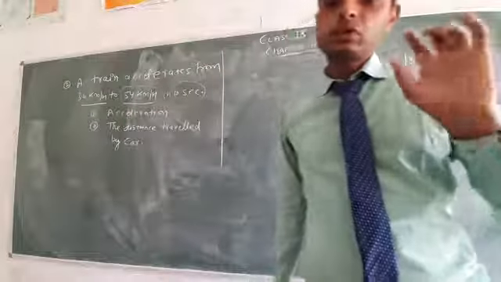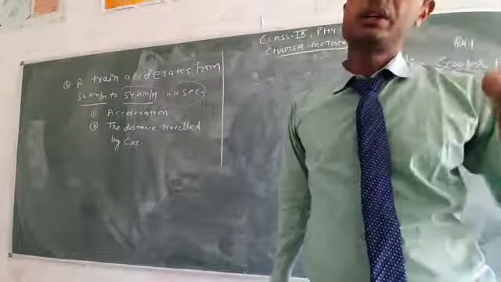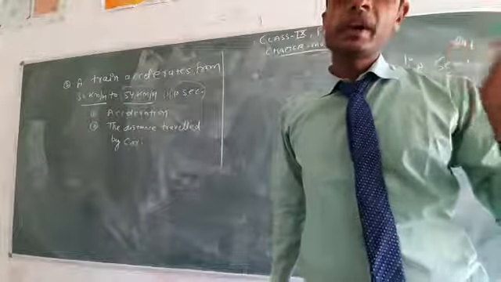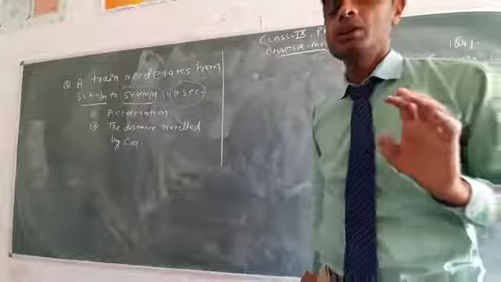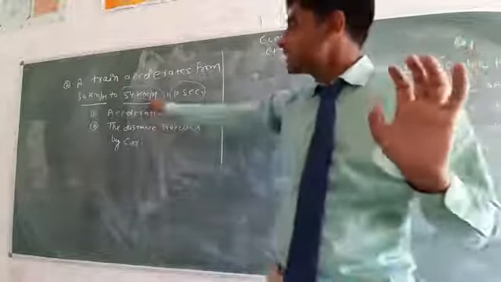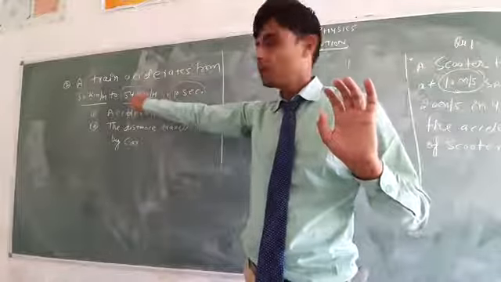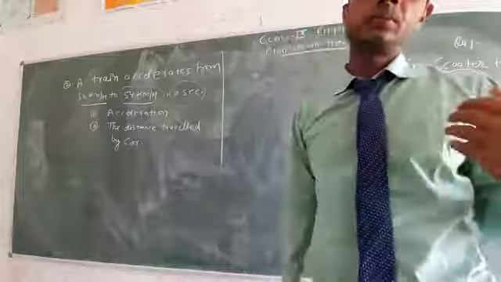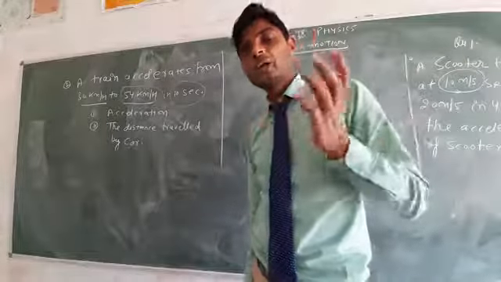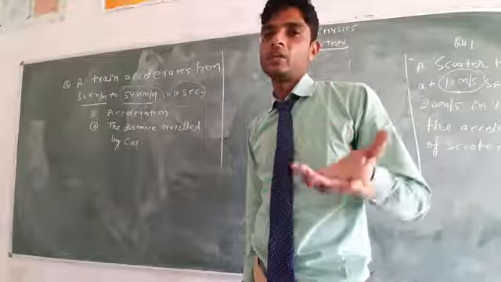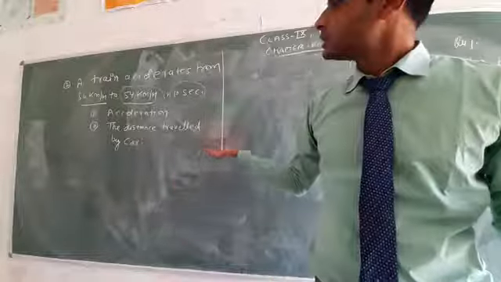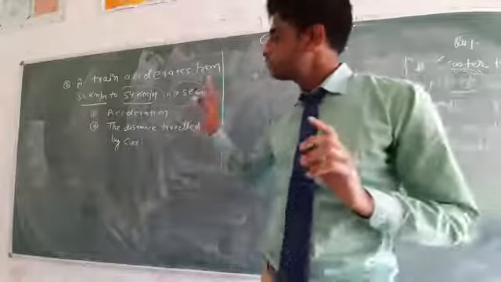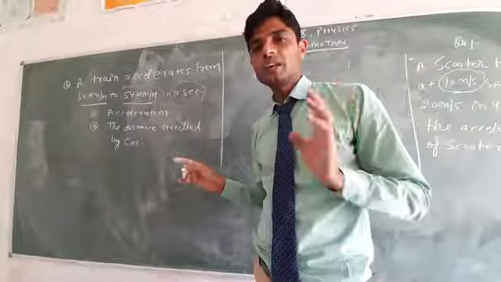So it means first we have to convert the initial and final velocity into the MKS system. MKS system means distance in meter and time in second, and mass in kg, but there is no need of mass. So we have to convert distance into meter and time into second.